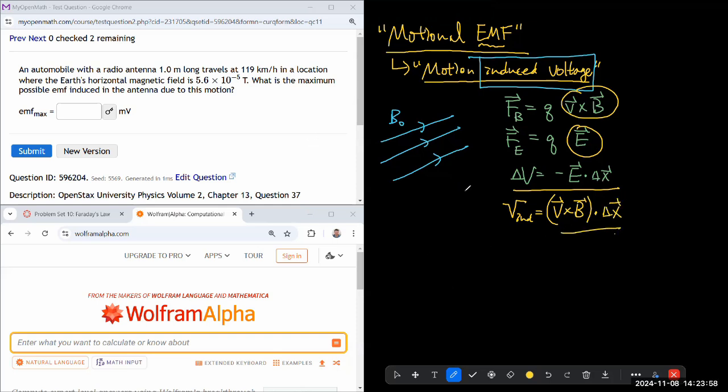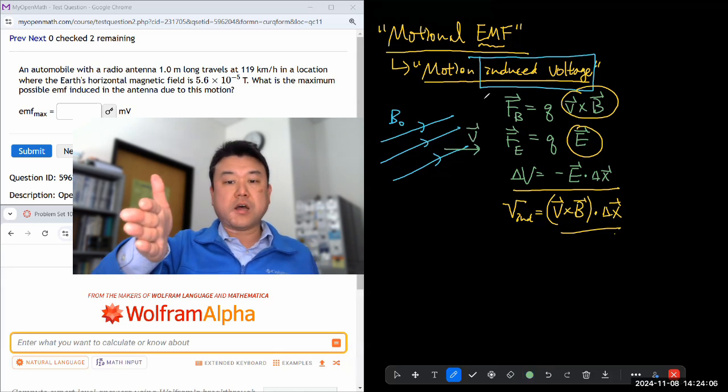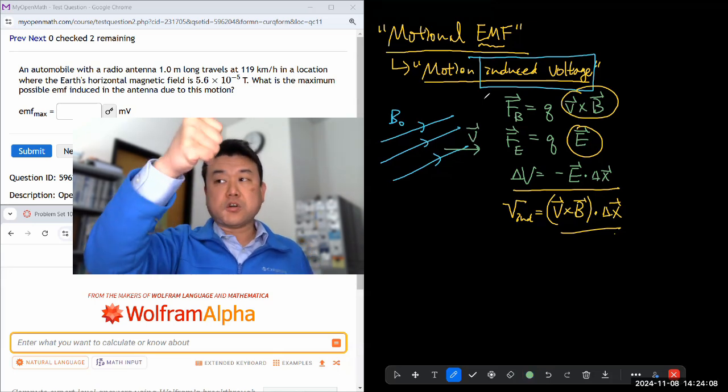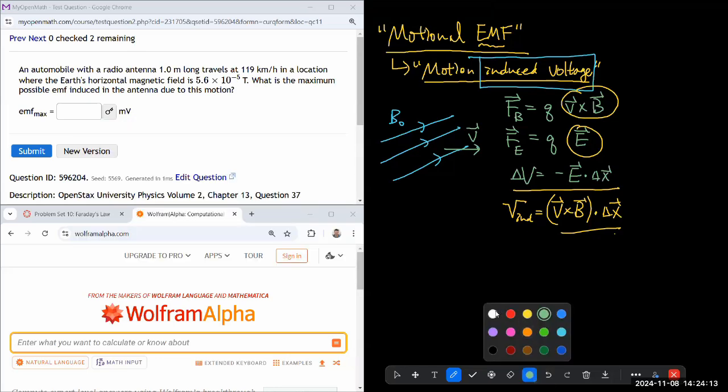So imagine something that's moving horizontally this way, V. Then when you do horizontal V cross B, also horizontal, the cross product is going to be vertical. So your motion induced EMF will be oriented in this direction. So for the maximum possible EMF, you want the antenna to be vertical.